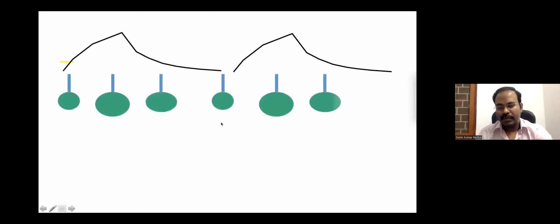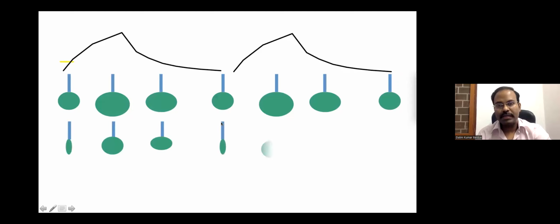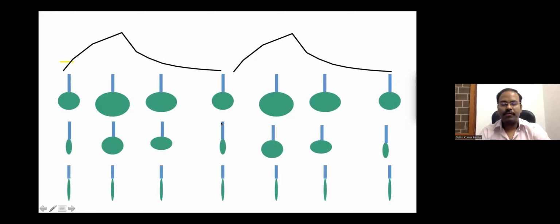Now, we should understand the concept of lung heterogeneity. Now, this was initially described in the setting of ARDS, but this is not uncommon in the setting of major abdominal surgery as well. So, see, at the bottom of the screen, there is a set of alveoli which are persistently collapsed or atelectatic.